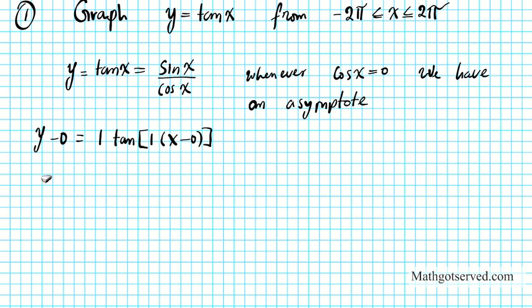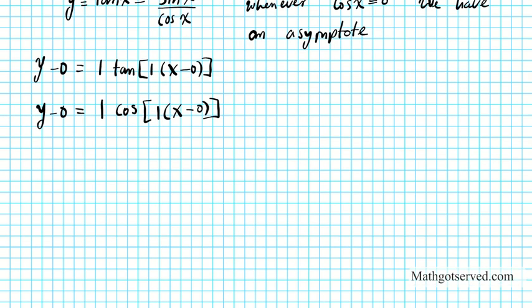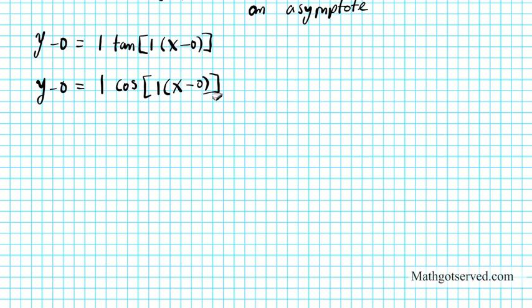So we're going to look at y minus 0 equals 1 cosine parenthesis 1 times x minus 0. Why are we looking at cosine again? Because cosine is the denominator, and the denominator tells us where the asymptotes are. All right? So this is a cosine function.